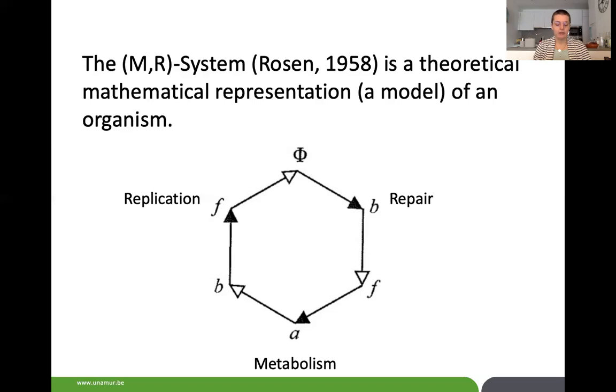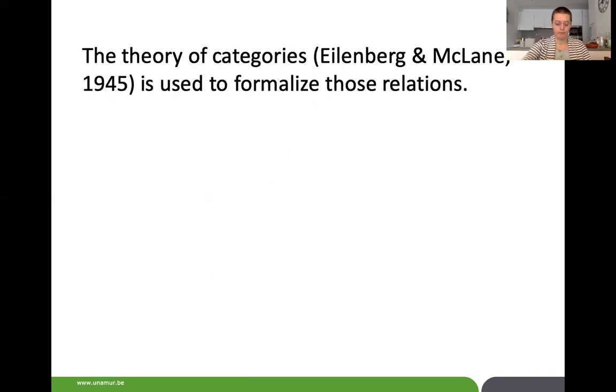We just have to compare the potential living form to this model, and if it fits, it means that this system is alive. To formalize those relations between functions and this whole model, Rosen will use a mathematical tool, the theory of categories.